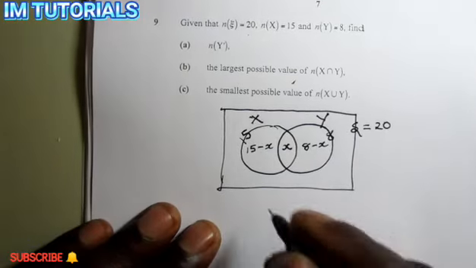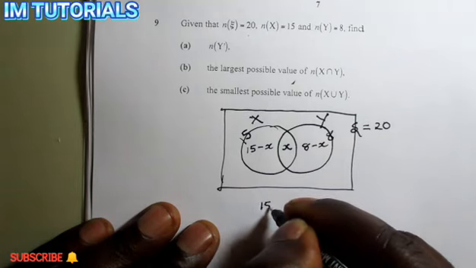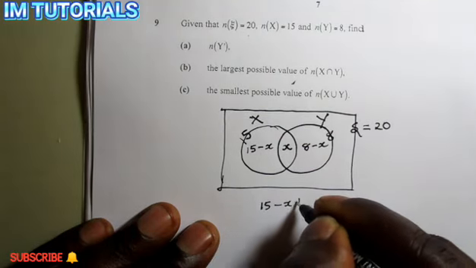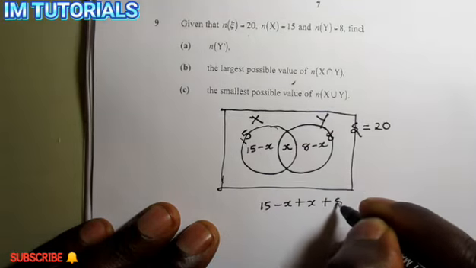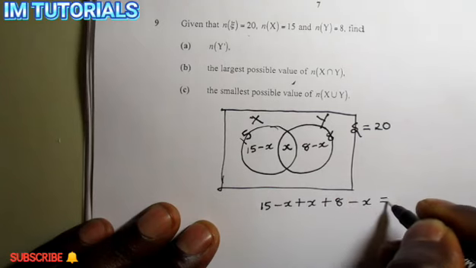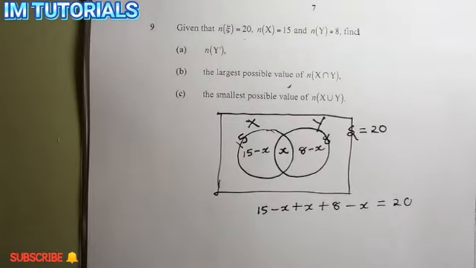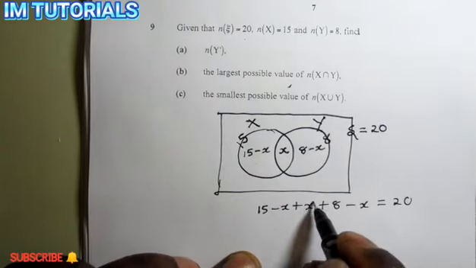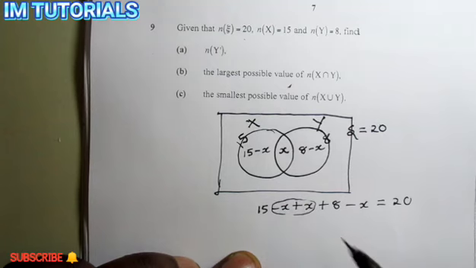So to find x, you now say 15 minus x plus x plus 8 minus x. Then you equate everything to 20, where 20 is the total of the universal set. So minus x plus x, they produce a 0.